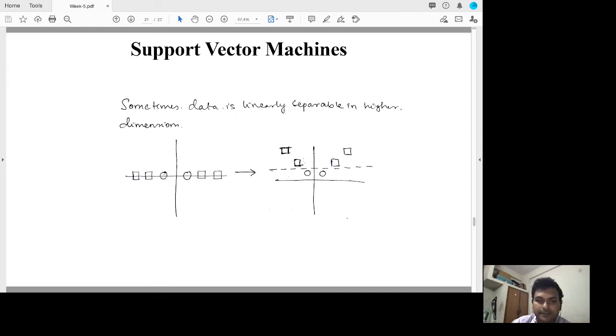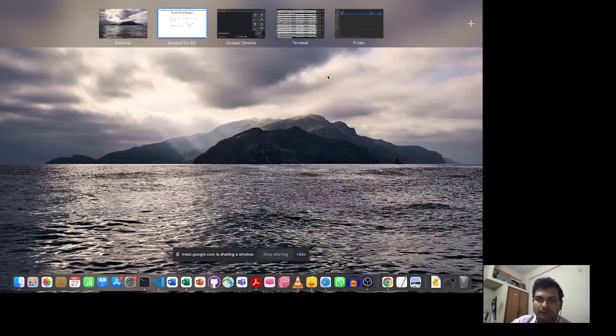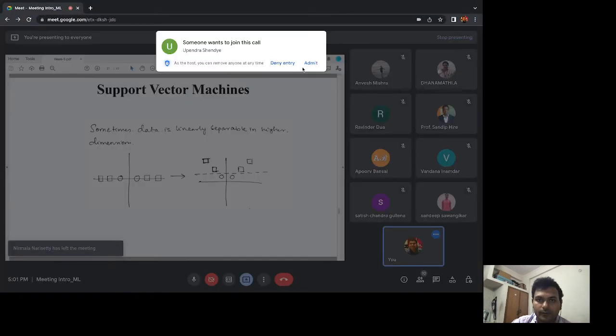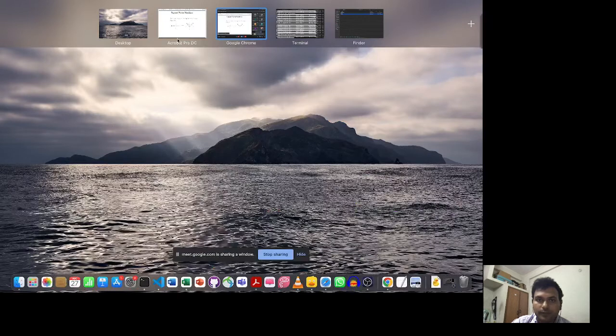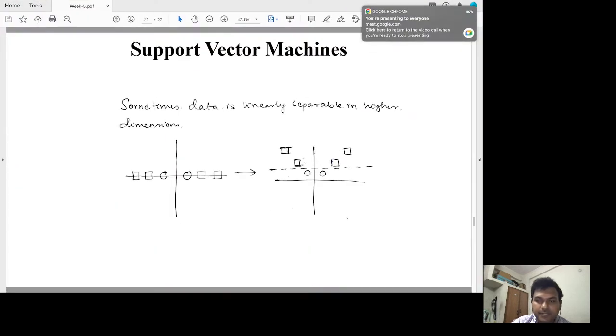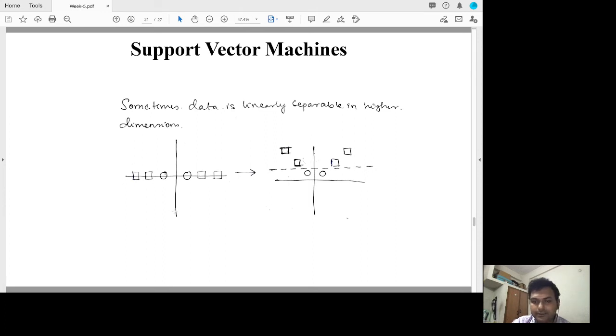Earlier, let's say this is -1, so this point becomes -1, 1. This point becomes 1, 1. Similarly you take the square of all these points, and now it becomes linearly separable. Is this intuition clear?